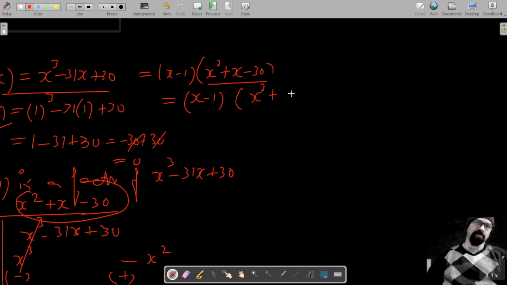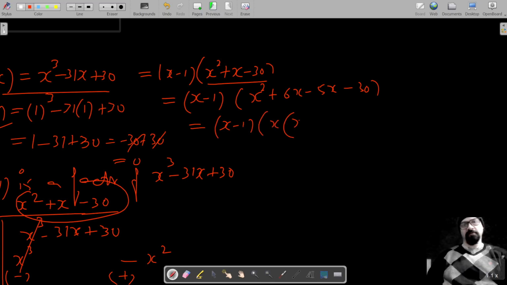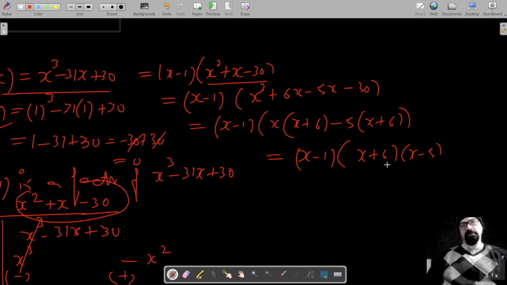It can be written as x squared plus 6x minus 5x minus 30. This is equal to x minus 1, and x plus 6 minus 5 into x plus 6. Okay, this is equal to x minus 1, and x plus 6 is a factor, so this is x minus 5.